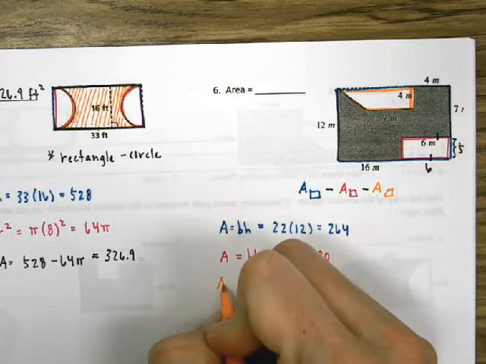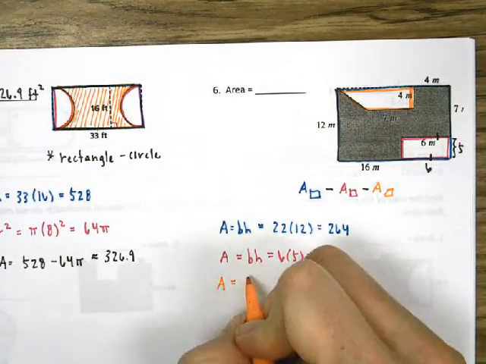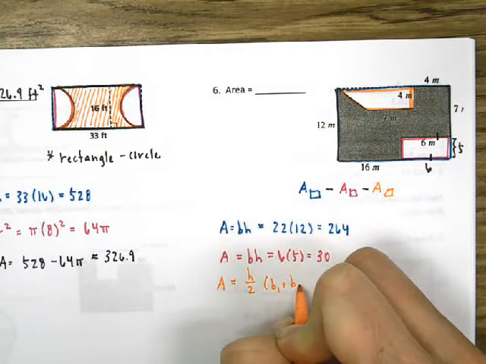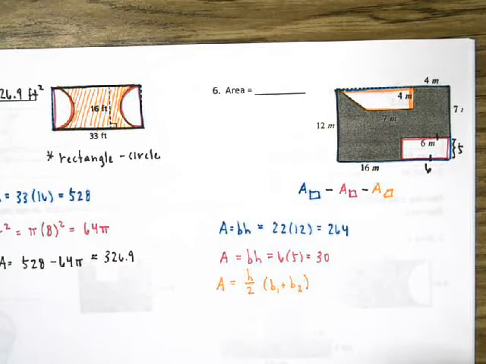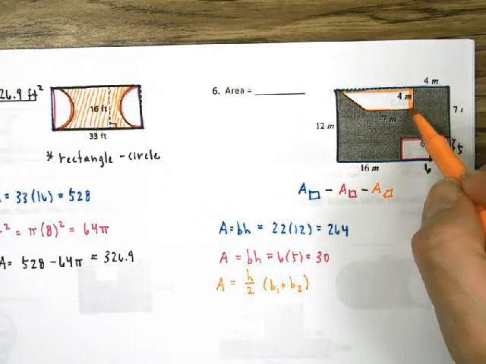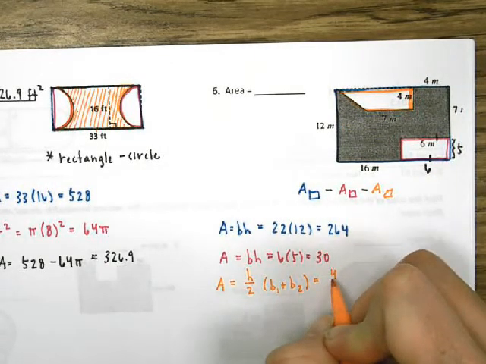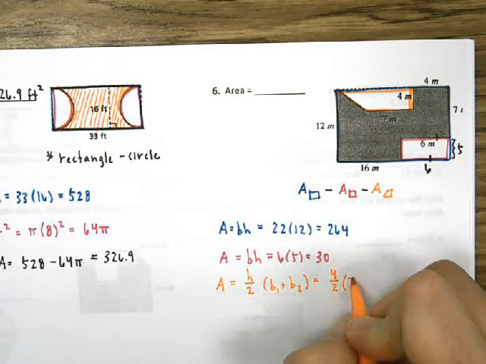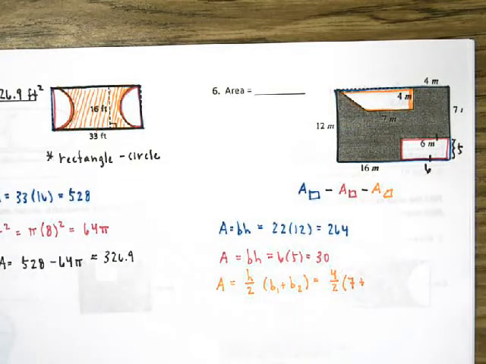So the last piece now is the area of that trapezoid. Again, the formula is h over 2 times b1 plus b2. The height they give us explicitly is 4, so I have 4 over 2. One base is 7, but now we have to figure out base 2.